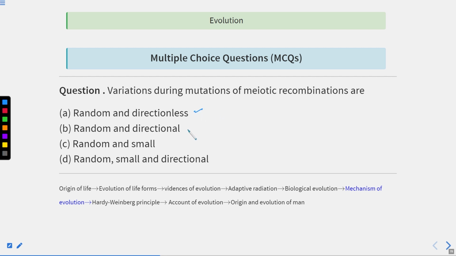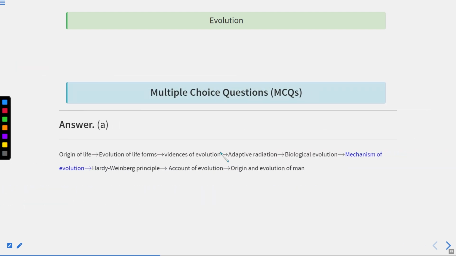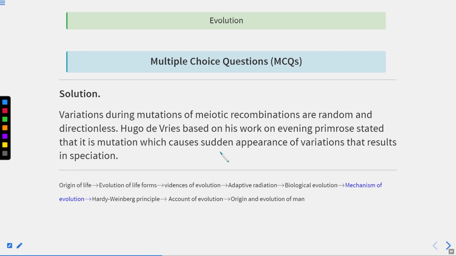Option B, random and directional. Option C, random and small. Option D, random, small and directional. So answer A is the correct answer here. The variations during mutation or meiotic recombination are random and directionless. Mutations are always random, sudden, heritable, and directionless.